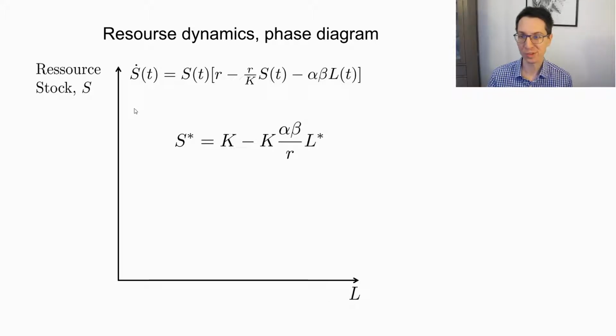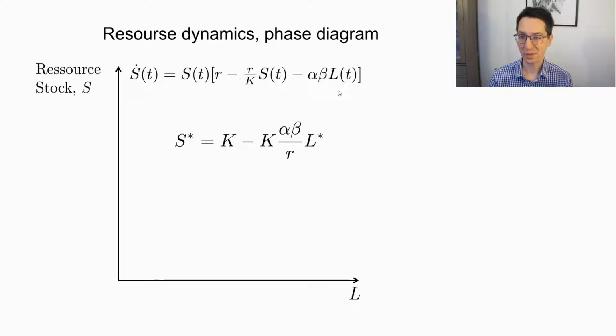Here I've reproduced the equation. S dot of t equals S of t times R minus R over K S of t minus alpha beta L of t. So this describes how S changes, if S goes up or goes down as a function of both S and L at time t, so it can have any value. To make sense of this, the trick is always the same: start by asking ourselves which are the values for which S is not going to change.